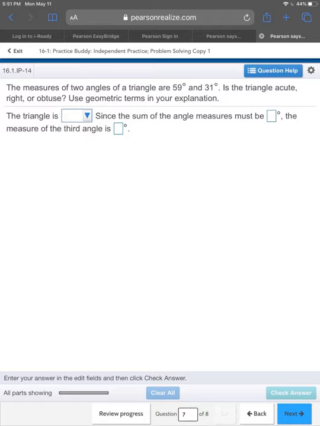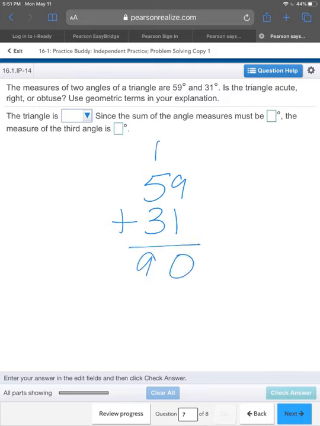Next question. The measures of two angles of a triangle are 59 and 31. Is the triangle acute, right, or obtuse? Here's where it's going to be a little bit different. Remember, I said that all the angles in a triangle equal 180 degrees. So I'm going to go 59 plus 31. That's going to give me 90. And then 180 minus 90.